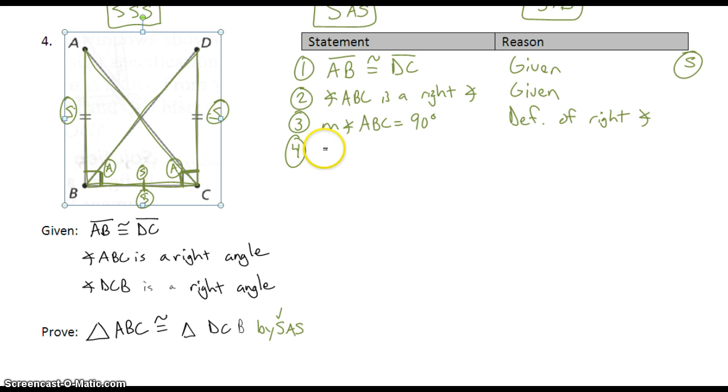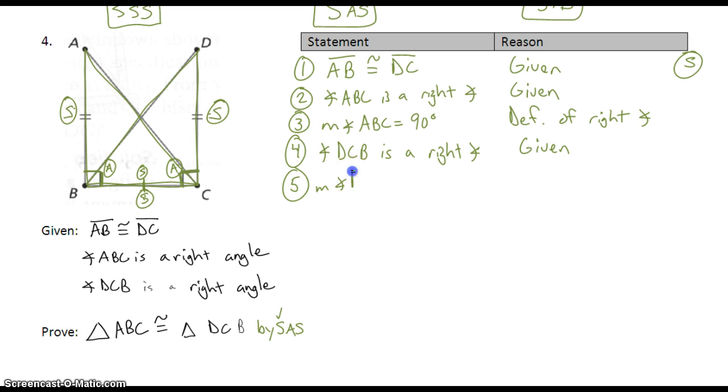I'm going to go on to my final given, that DCB is a right angle. Well, I know that if I have a right angle, if I measure it, its measure is 90 degrees. So the measure of angle DCB equals 90 degrees. That's the definition of a right angle.